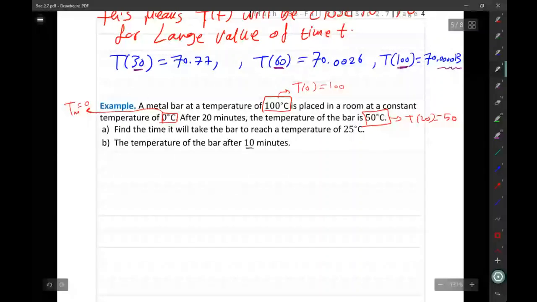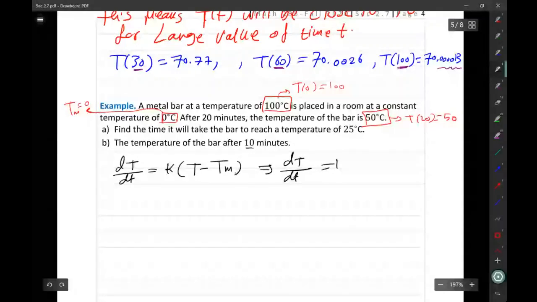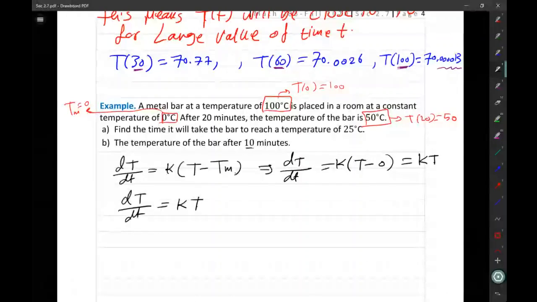First of all, when we write the differential equation of the model, we have dT/dt is equal to a constant k times (T - Tm). When you substitute the given information, it becomes dT/dt = k(T - Tm), where Tm is 0, so it is equal to kT. Now this differential equation dT/dt = kT is linear.